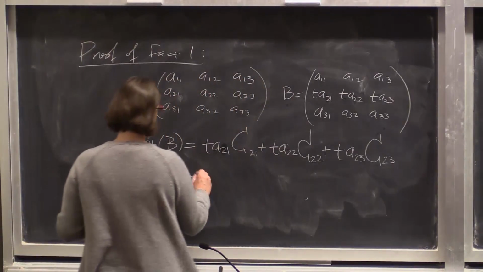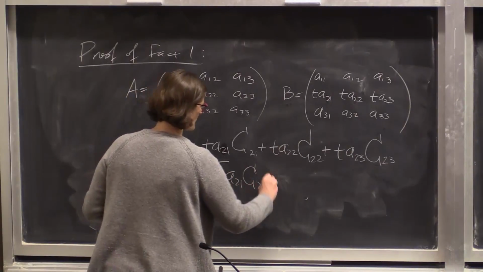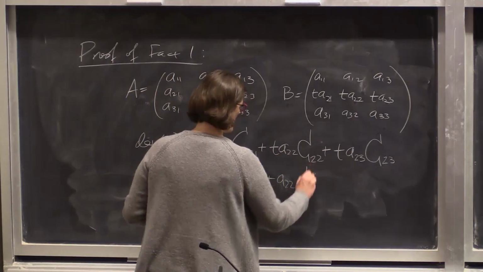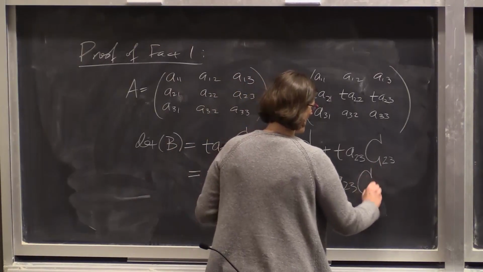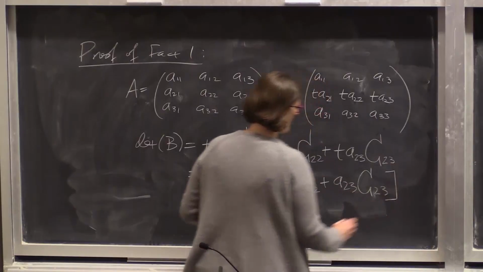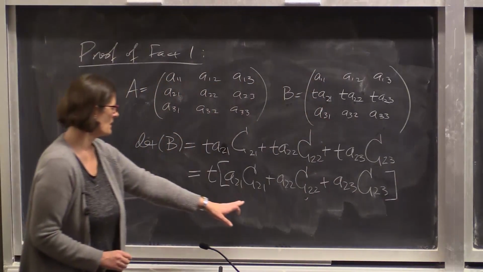So that's equal to T times A21 cofactor 21 plus A22 cofactor 22 plus A23 cofactor 23. So let's look at these cofactors.